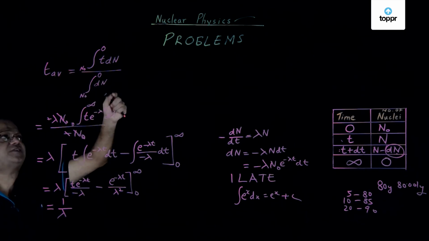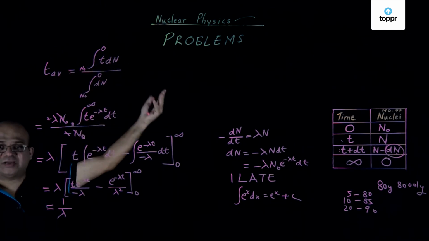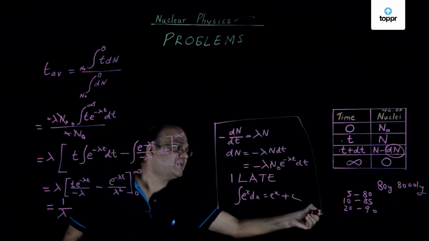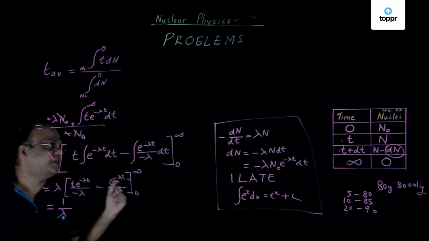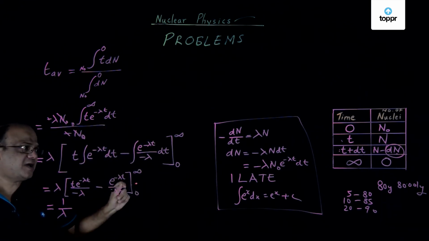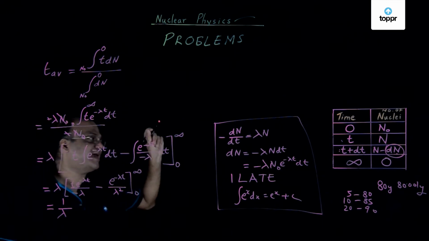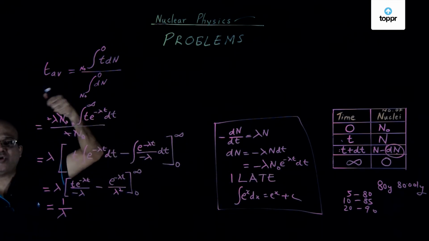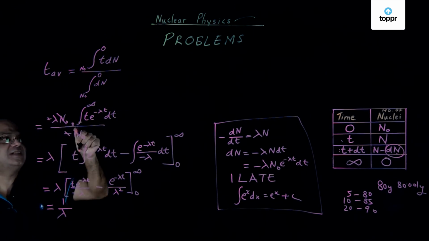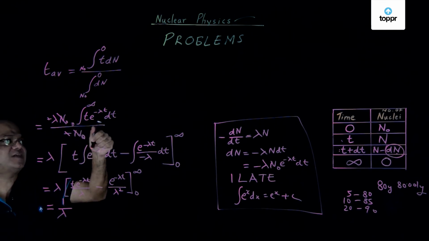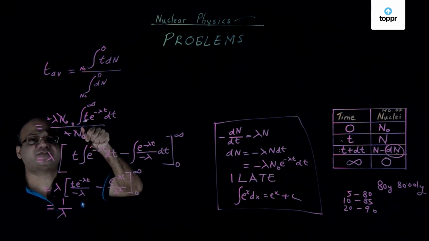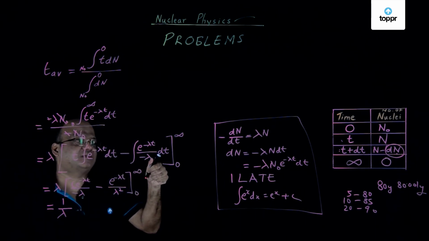For the top integration, we replace dn by some dt. That we get from this equation: minus dn by dt is lambda n. So dn becomes minus lambda n0 e to the power minus lambda t dt. This we substitute here. Take out all the constants outside. Then we get an integration of product of two functions. We integrate that by parts: first function into integral of second minus differential of first function multiplied by integral of second.